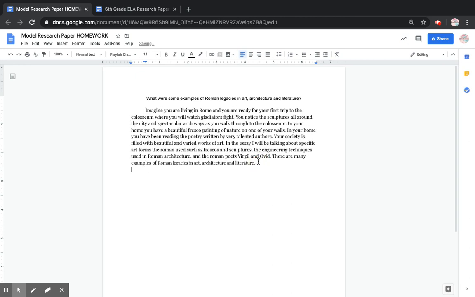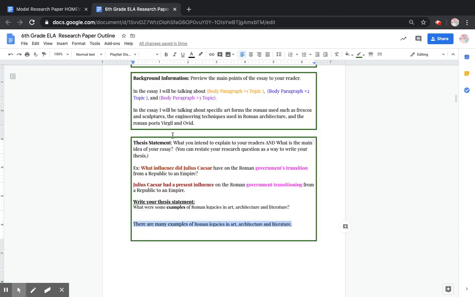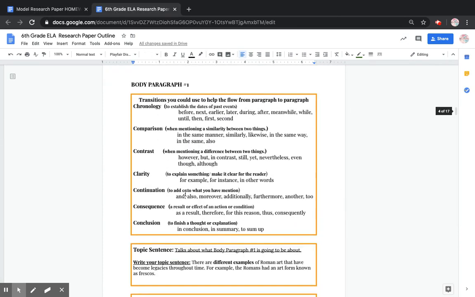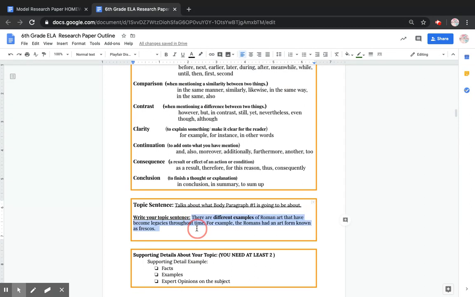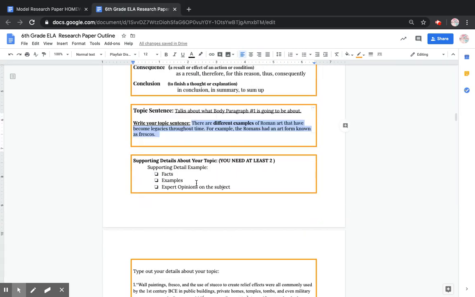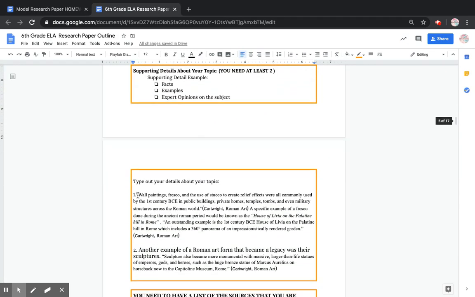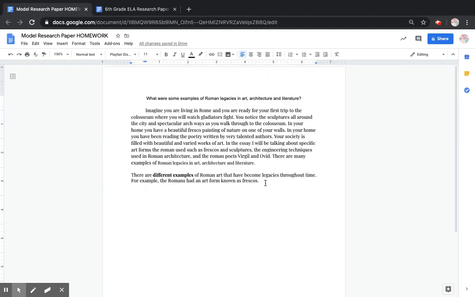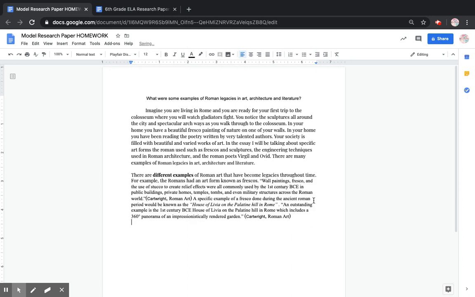So that's my introduction paragraph. Now the next thing I need is my body paragraph. Let's go down here and grab that topic sentence. I've already written it out in my outline. I used those steps to plan it out, so now all I really have to do is copy and paste. I added my citation so I wouldn't forget, because I knew this is what I was going to be doing.